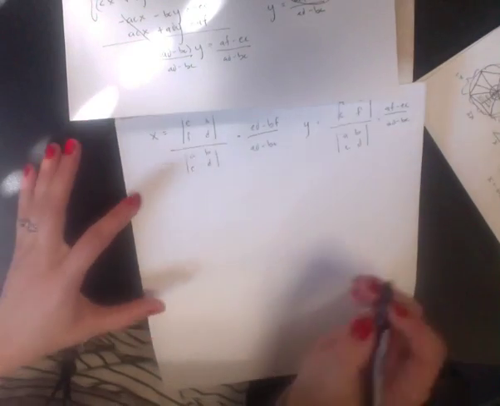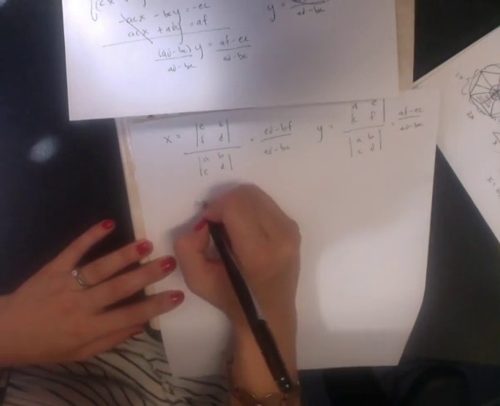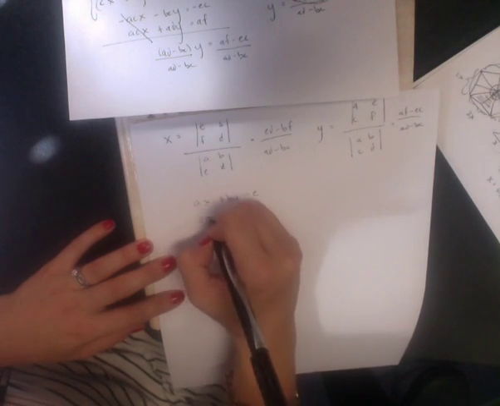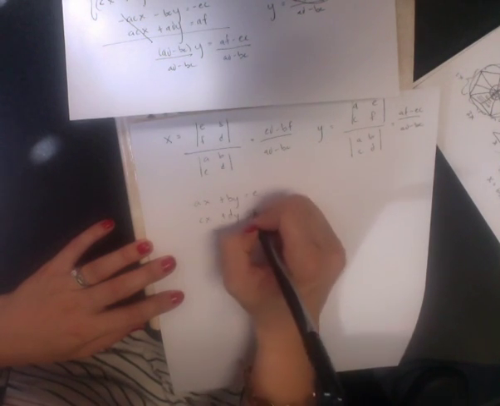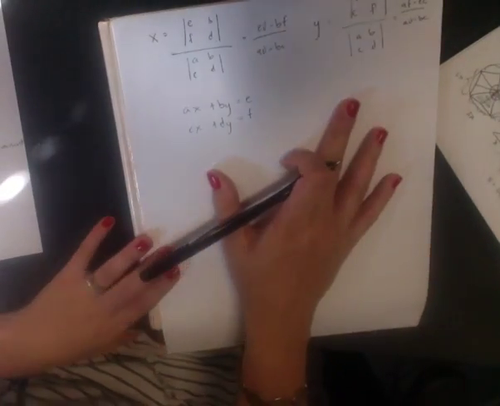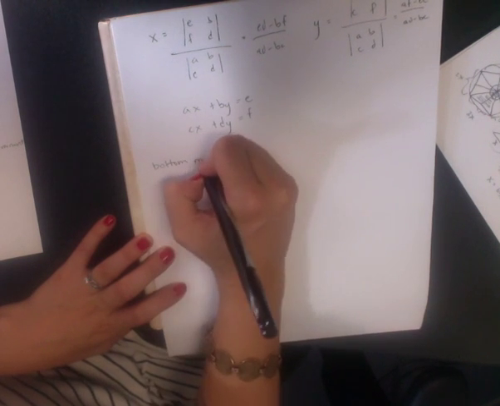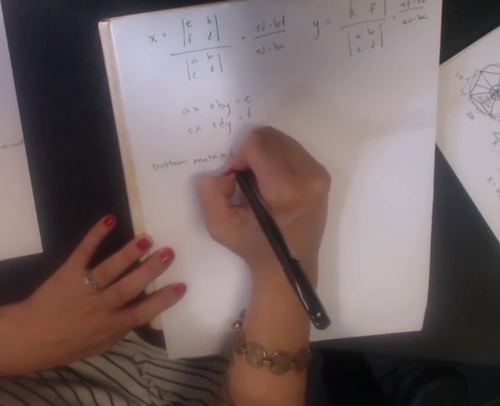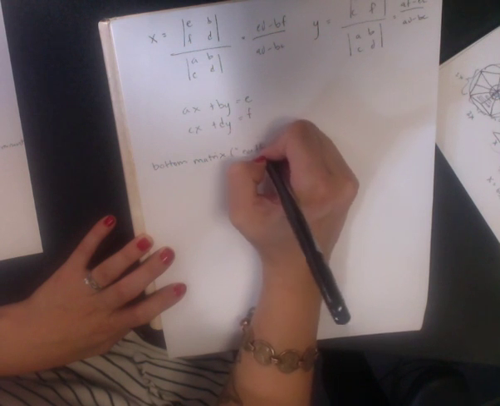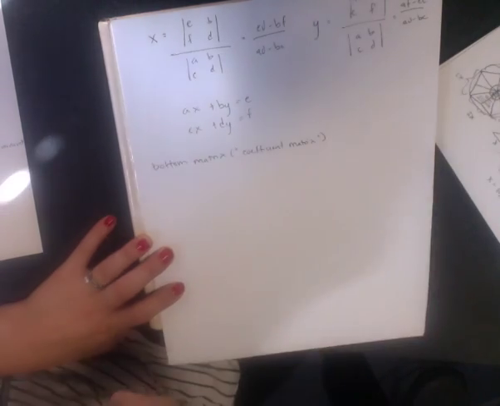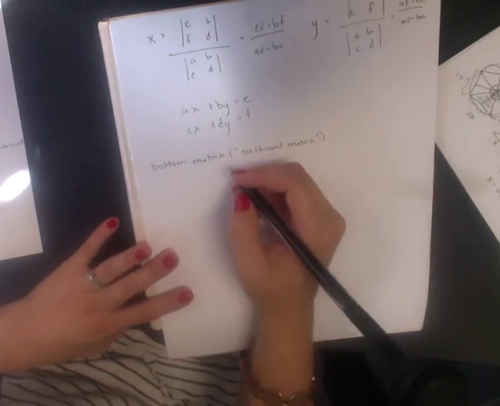Okay, I'm going to rewrite our original two equations. ax plus by equals e. cx plus dy equals f. Okay, notice from here, the bottom matrix, or what we call the coefficient matrix, is just that. It's the coefficients.